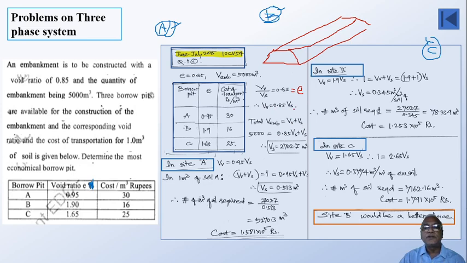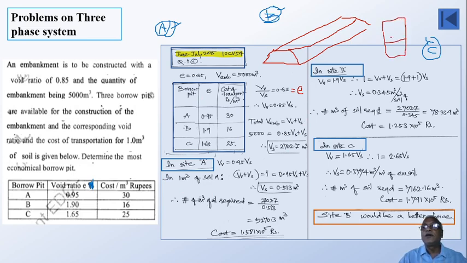Now by this relation, 0.85 Vs is Vv, Vs is Vs only, and if I simplify, I will come to know the solids. In the three-phase diagram, you know that it is solids, voids, and then water.